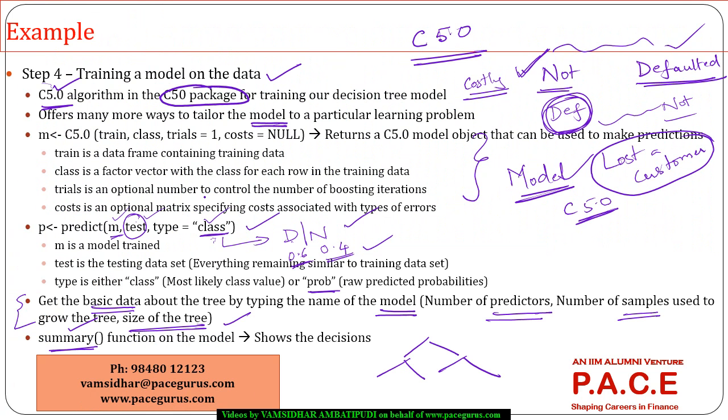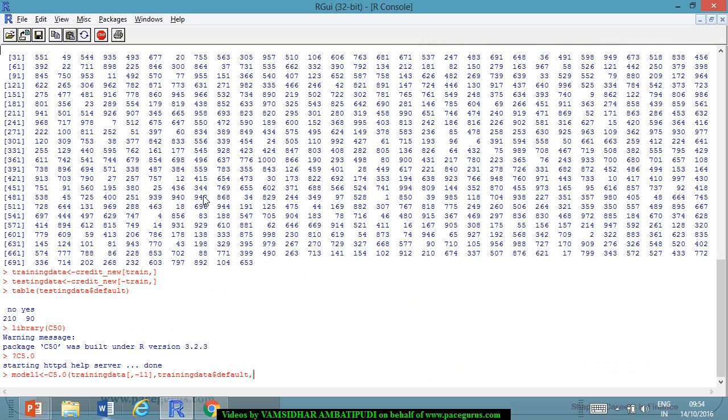Number of trials. If I want the model to be repeated 5 times, 10 times, let me put trials equal to 25. It will be executing the same thing 25 times with different sets of classifications, each time with a new, different set of process.